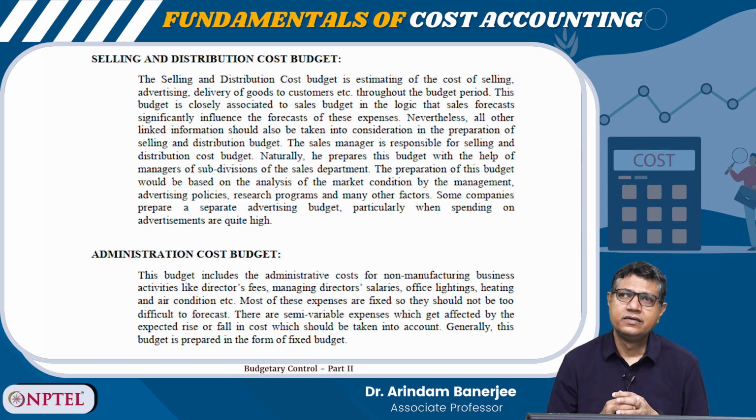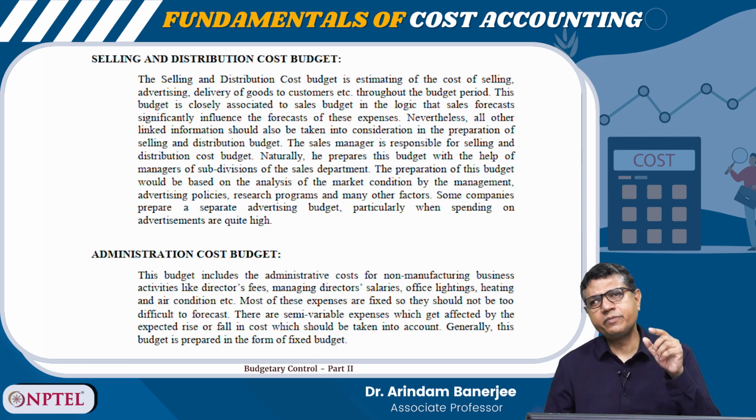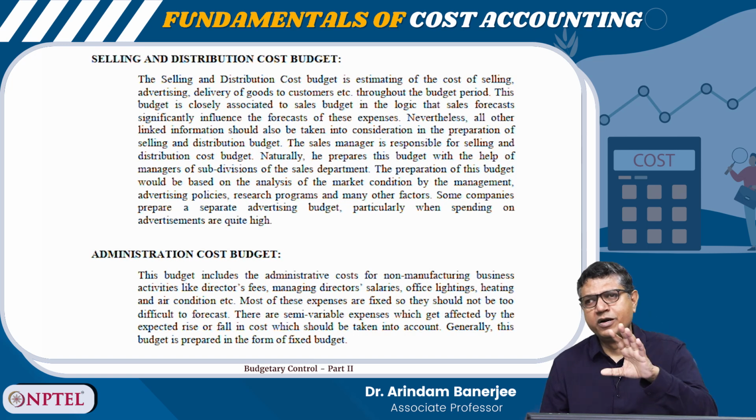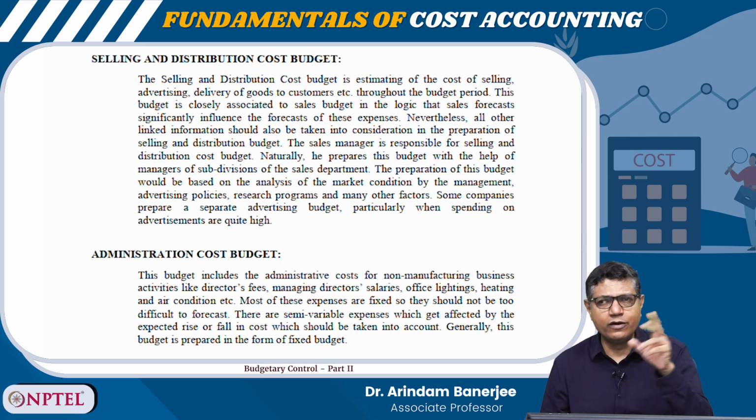And here some subjectivity creeps in, because direct material and direct labor you can directly assign to the final product, but overheads you cannot directly assign. So you need to allocate. When you allocate or apportion, some subjective elements will come into the picture.